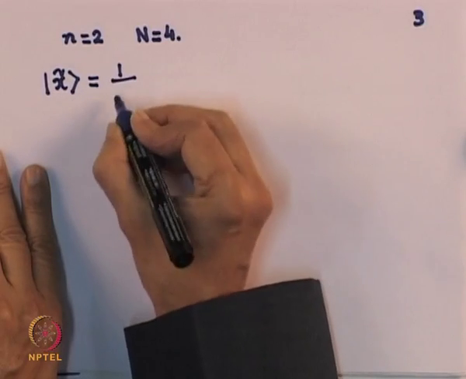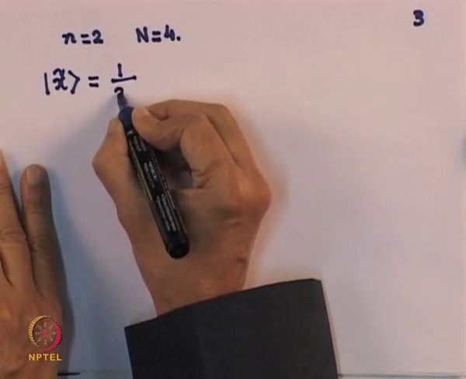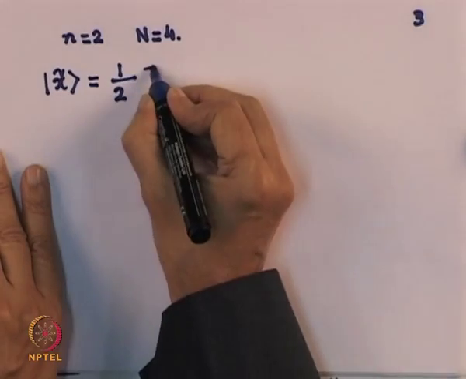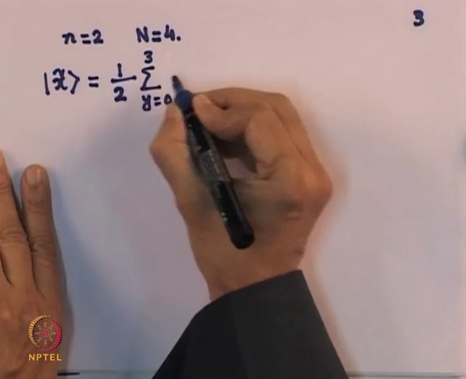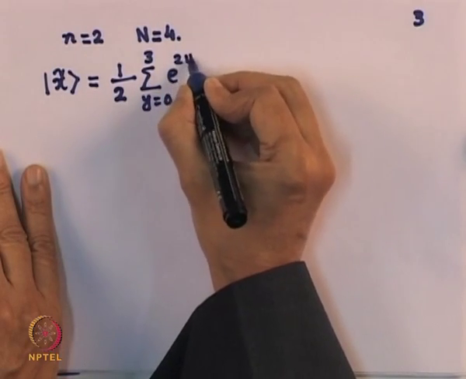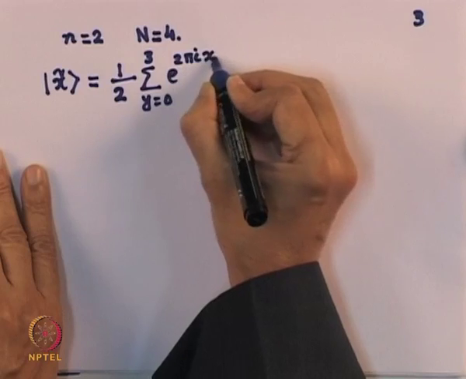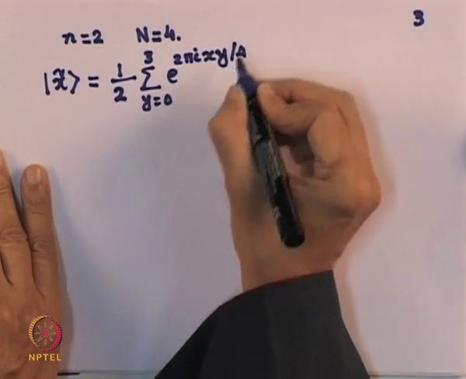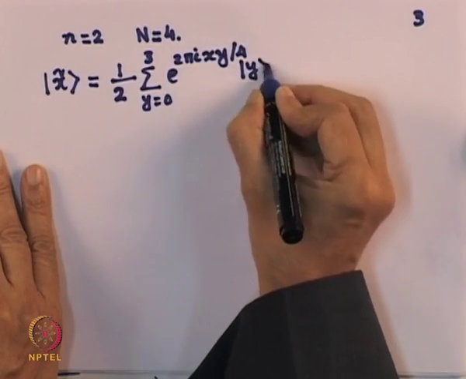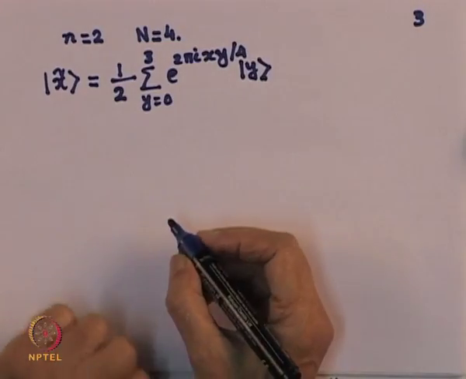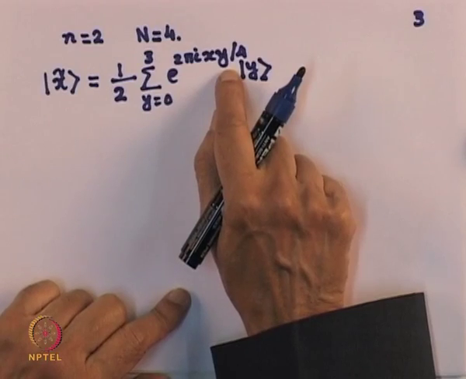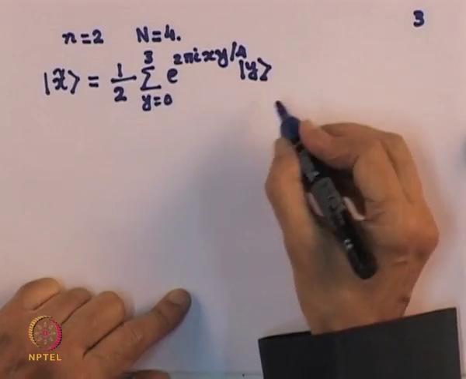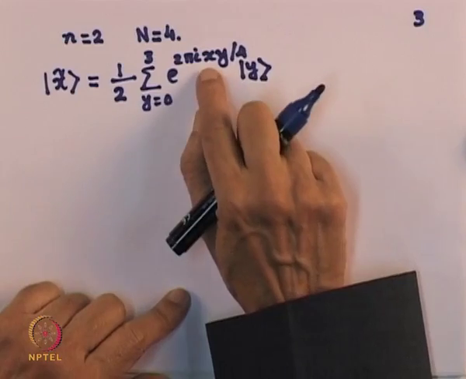So, this is 1 over square root of N, which is 1 over 2, sum over y is equal to 0 to 3, e to the power 2 pi i x y by 4, and |y>. Now, remember that in this way of writing, x and y are 2 qubit situation.